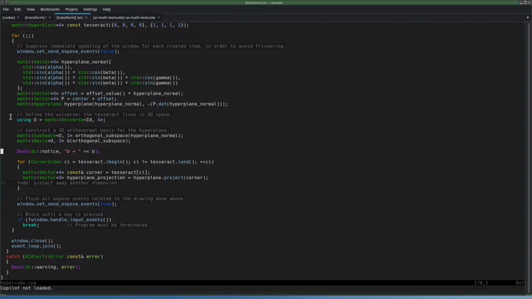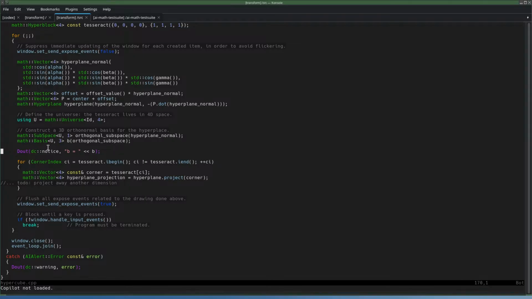Then they define an arbitrary universe of 4 dimensions, and then a subspace of 1 dimension inside this universe. That is simply along the hyperplane normal. And then I create a basis in this universe of 3 dimensions, and that is orthogonal to that subspace that we just created.